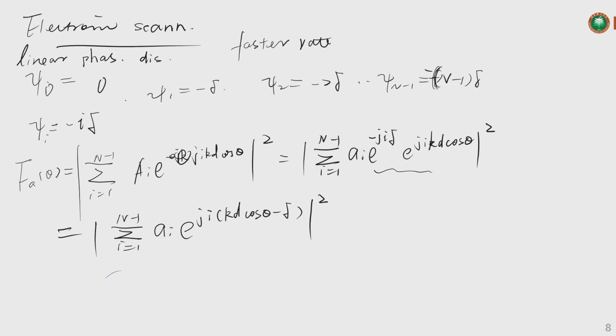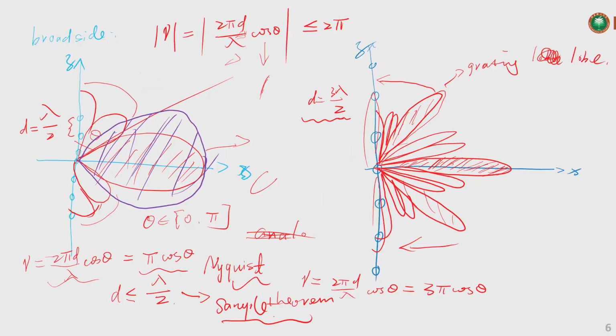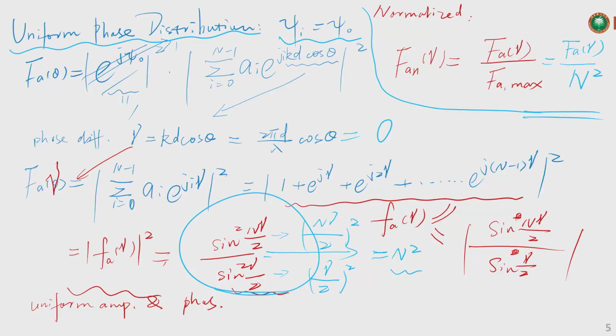So previously, to simplify the expressions, let's come back to the expressions here, right? So we switch it from this equation to this equation. We assume gamma equals k d cosine theta.